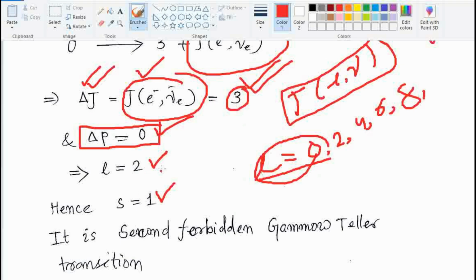This condition is nothing but the second order transition, and we know that if S equal to 0 it is Fermi, and if S equal to 1 it is Gamow-Teller. As L equal to 2, it is a second order forbidden Gamow-Teller transition.